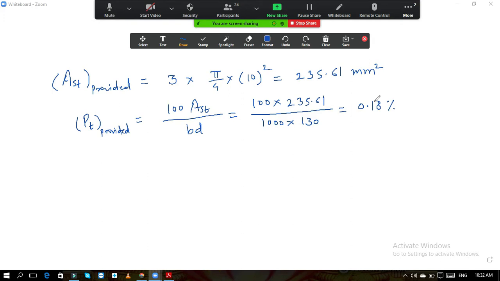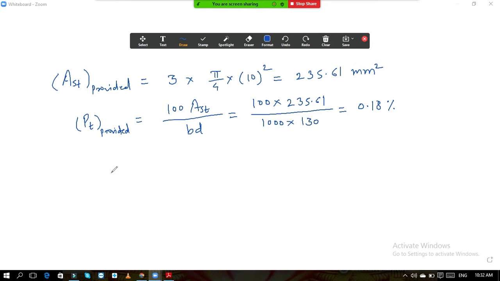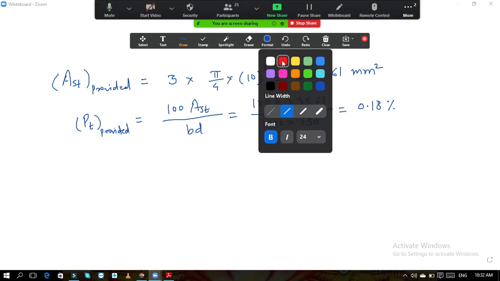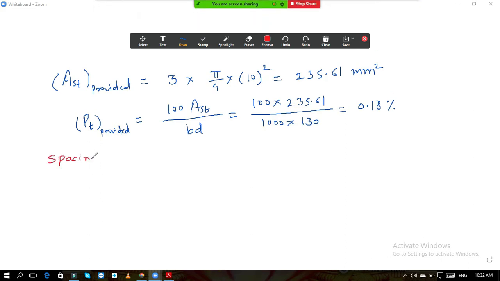Now we will calculate the spacing of the bars. You know that we will calculate the spacing by using two clauses which are given in the IS code, and one is by using the regular formula.